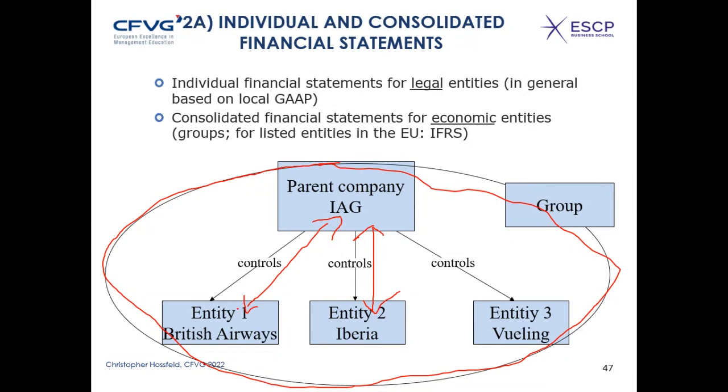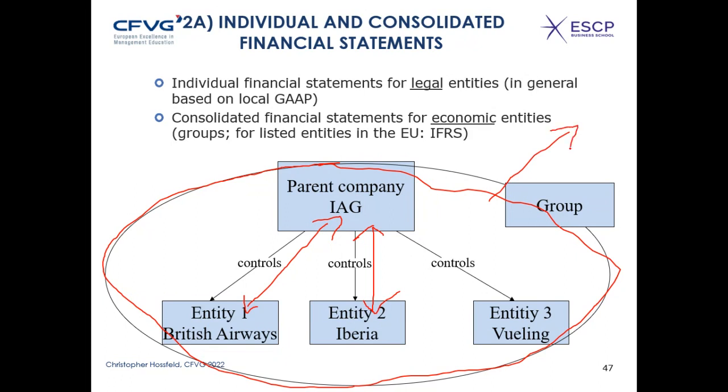So if there are sales between group companies or transactions between group companies, they do not count. Okay, well, they do not count because they are in the same group. So it's not a real transaction. What is a real transaction are all the transactions that any one of the group does with the outside world.